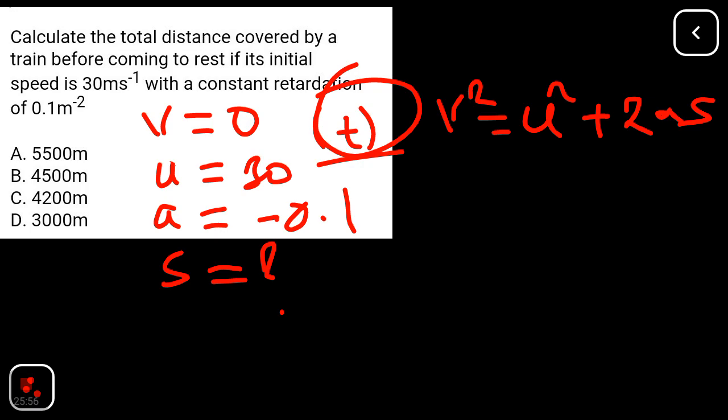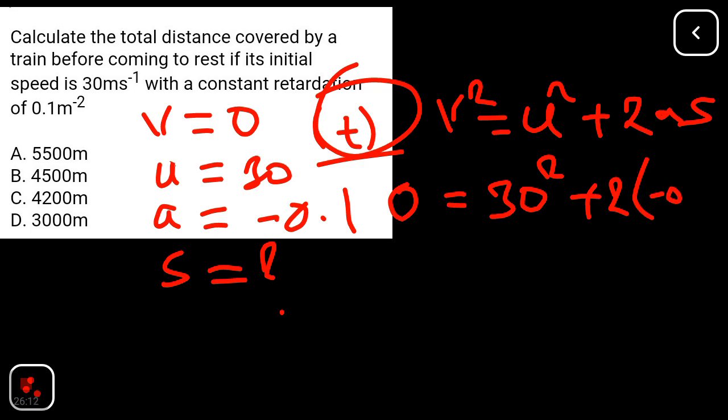So that's the equation. Final velocity is actually 0, which equals initial velocity 30, so you have 30 square, plus 2, and your acceleration is now negative 0.1, close bracket, multiplied by the distance you're looking for.